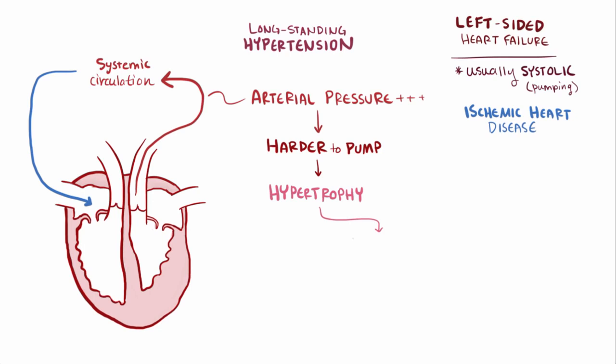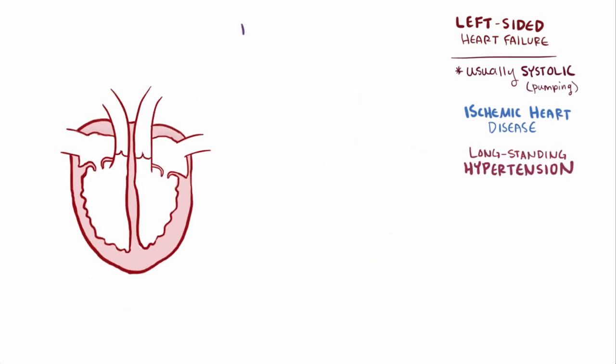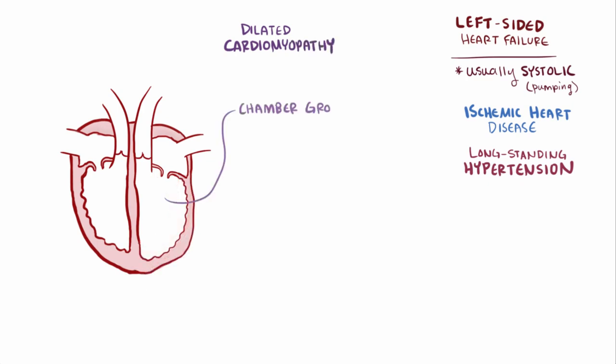The increase in muscle mass also means that there's a greater demand for oxygen, and to make things even worse, the coronaries get squeezed down by this extra muscle so that even less blood's delivered to the tissue. More demand and reduced supply means that some of the ventricular muscle starts to have weaker contractions, leading to systolic failure.